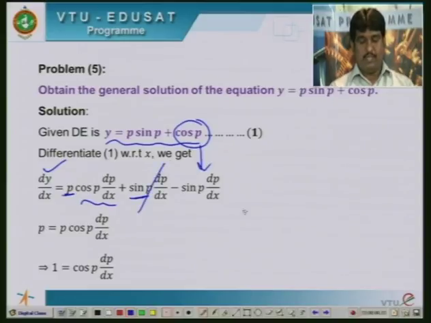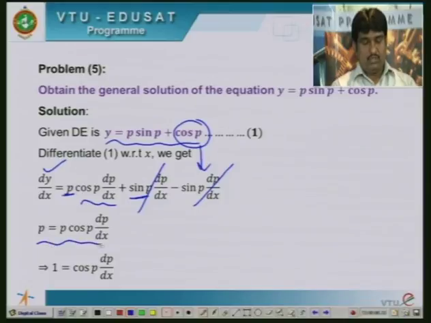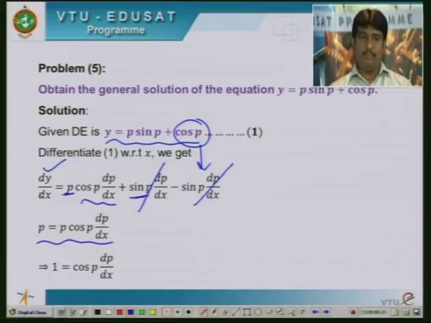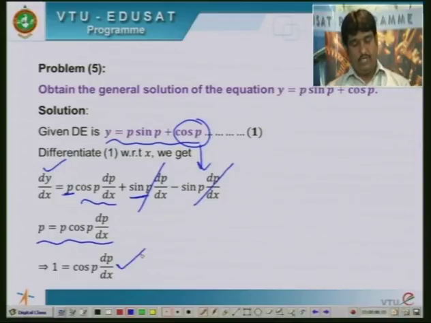Cancel plus sin p dp by dx minus sin p dp by dx, and write dy by dx as p to get p equals p times cos p into dp by dx, which is nothing but 1 equals, cancel p, 1 equals cos p into dp by dx.